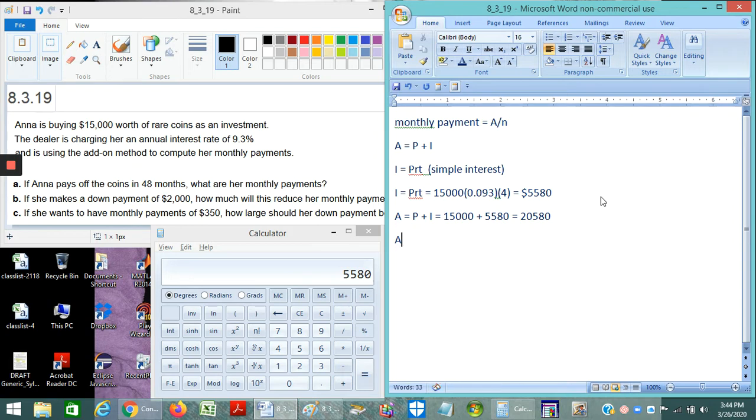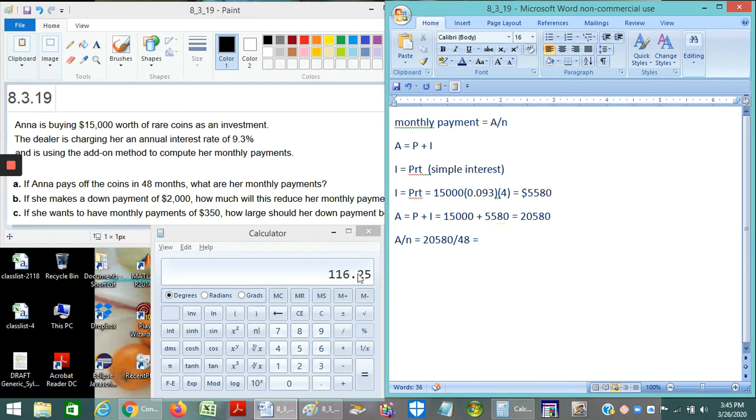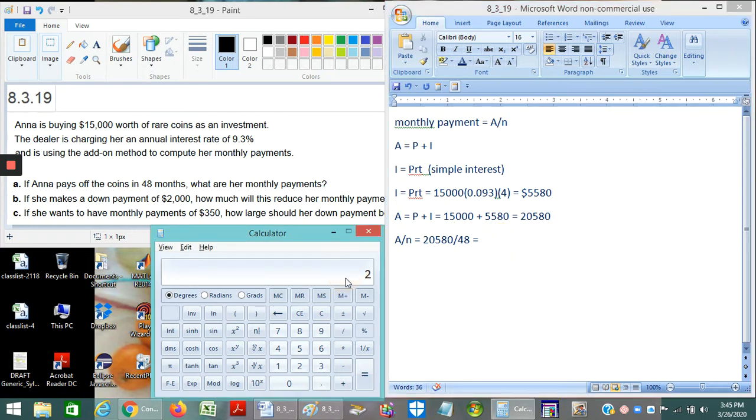The monthly payments are the future amount divided by the total number of payments. So if she ends up paying $20,580 for the coins and she pays them off in 48 months, she's going to take $20,580 and pay that off in 48 months.